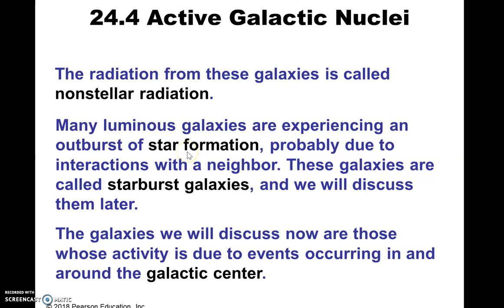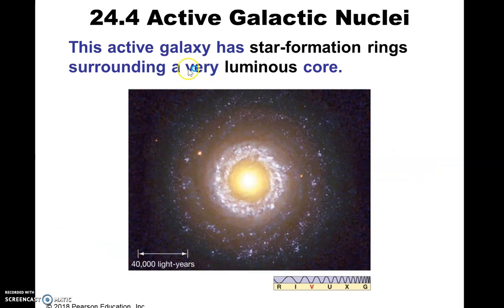So there's incredible star formation taking place, and we'll look into that a little bit and why we think that is occurring. All right, so again, we're going to focus on the three different types: Seyfert, radio galaxies, and quasars.